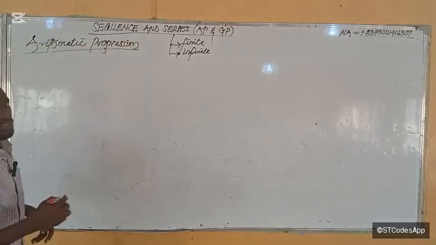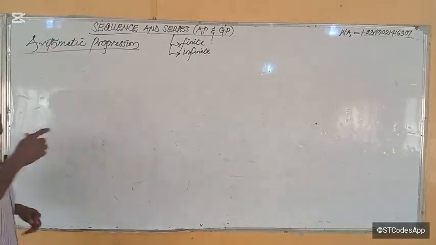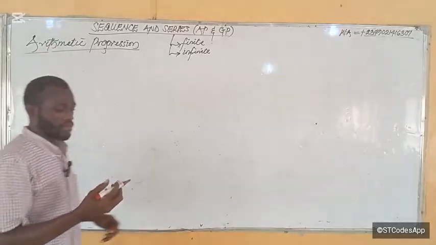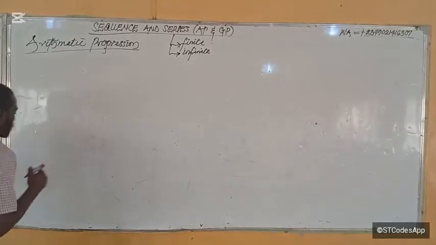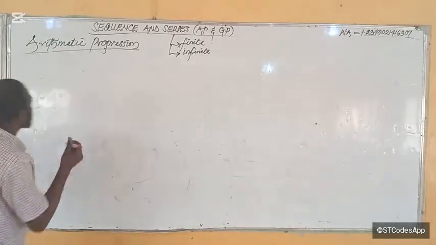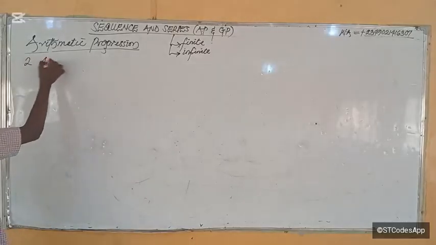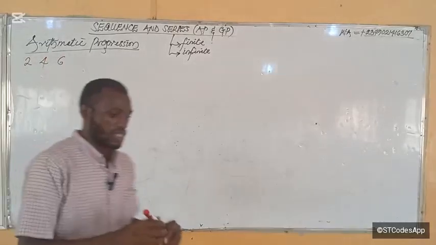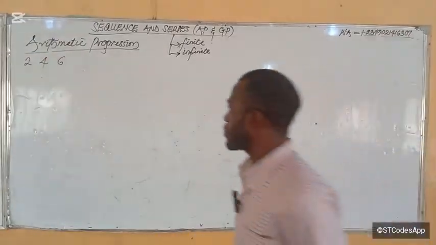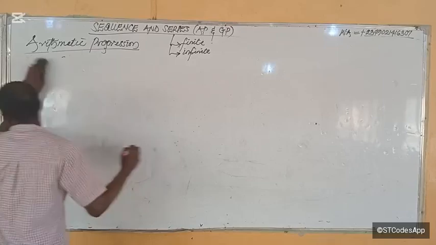Now, in arithmetic progression, we could have a sequence like this. Let me use something that is not so obvious. I don't want the same set of numbers.